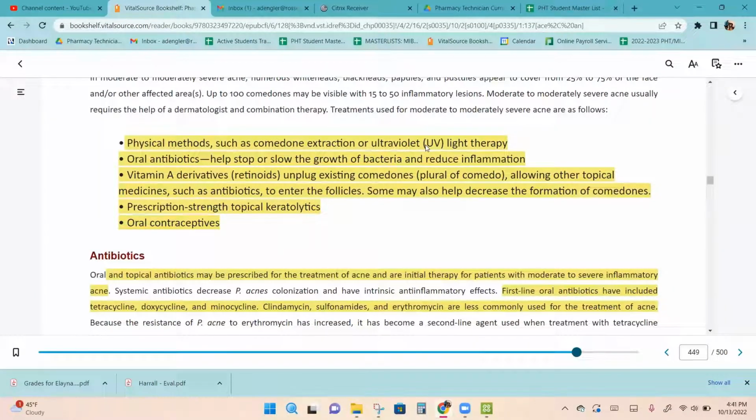So some treatments for moderate to moderately severe acne are physical methods such as comedone extraction or ultraviolet therapy, and oral antibiotics that help stop or slow the growth of bacteria and reduce inflammation.